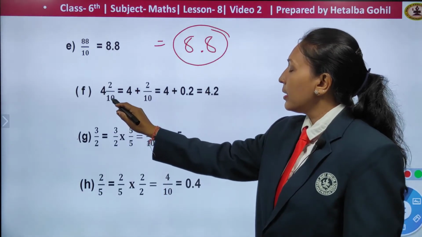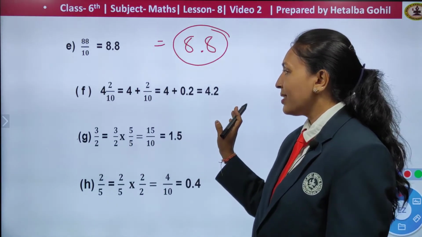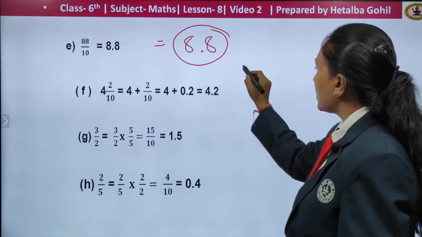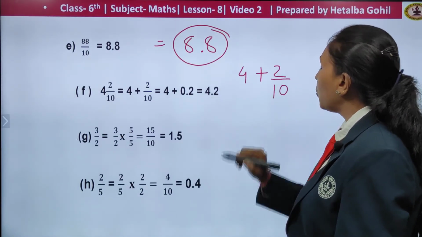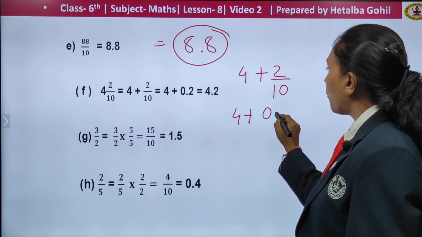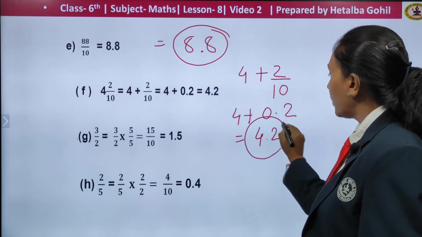Now first, if you want, children, you can convert it into improper fraction and then put a decimal point, or directly you can have the addition, that is 4 is the whole number part plus the fractional part, 2 by 10 here. Now 4 plus 0.2, you get it as 4.2 as your answer here.